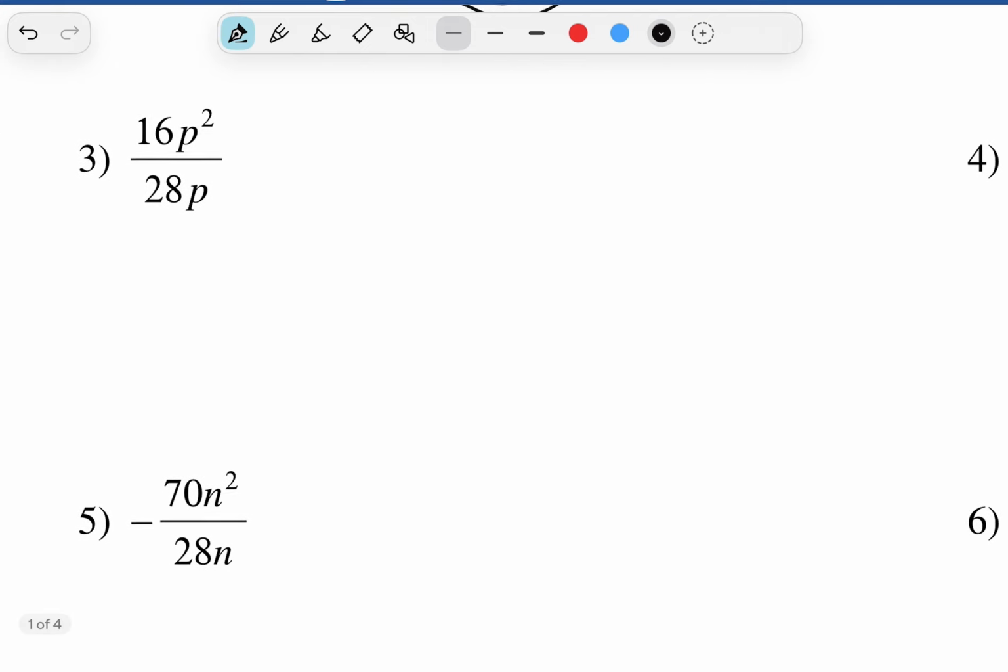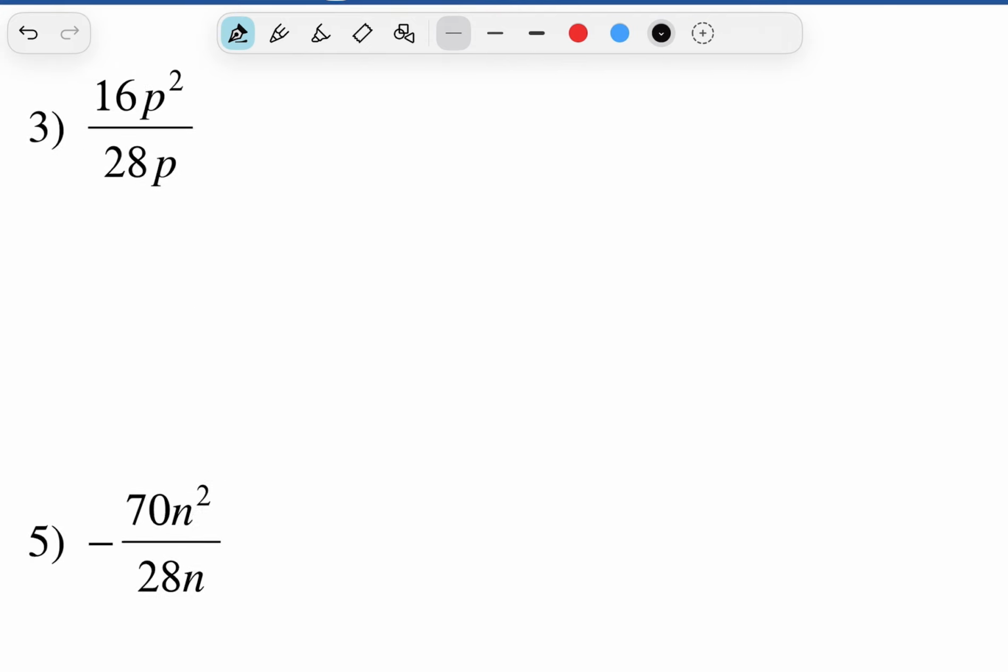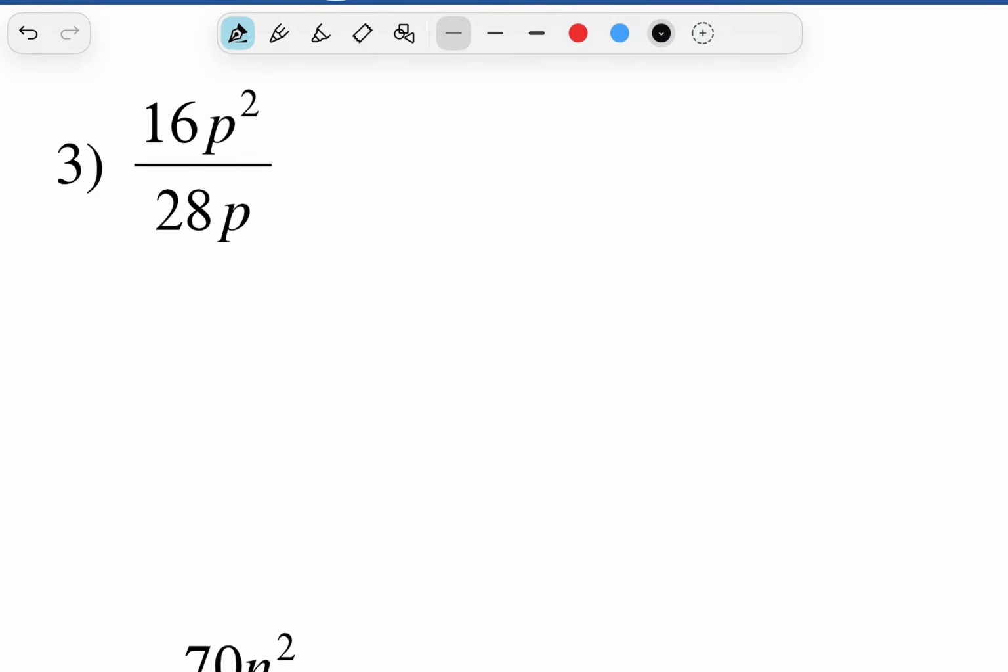Okay, let's do number 3 here. 16p squared over 28p. So what is it that goes into both 16 and 28? Well, I know the number 4 goes into both. So what if we divided both the top and bottom by 4?